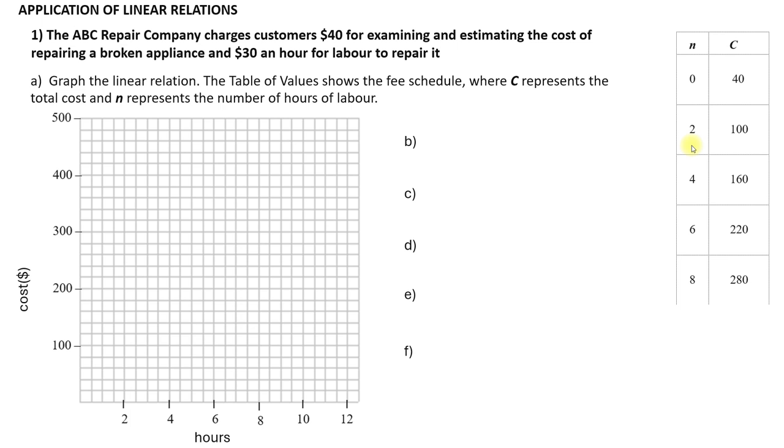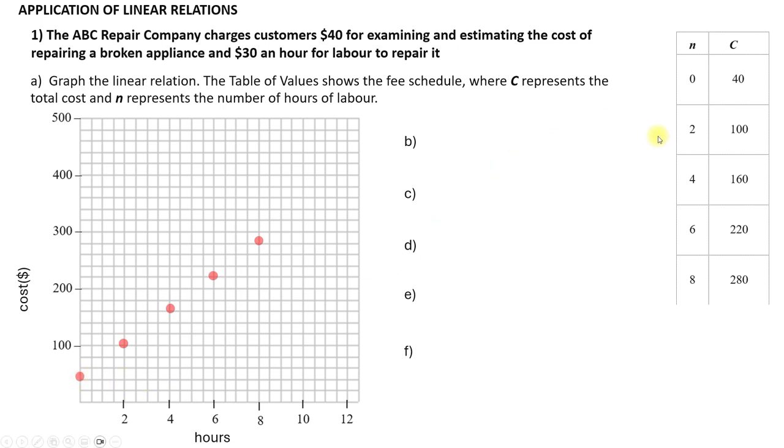After 2 hours, the cost is $100. After 4, $160, and so on. So we have these points which we can plot on our graph. So there they are. We see that our initial value is 40. Our y-intercept is 40.